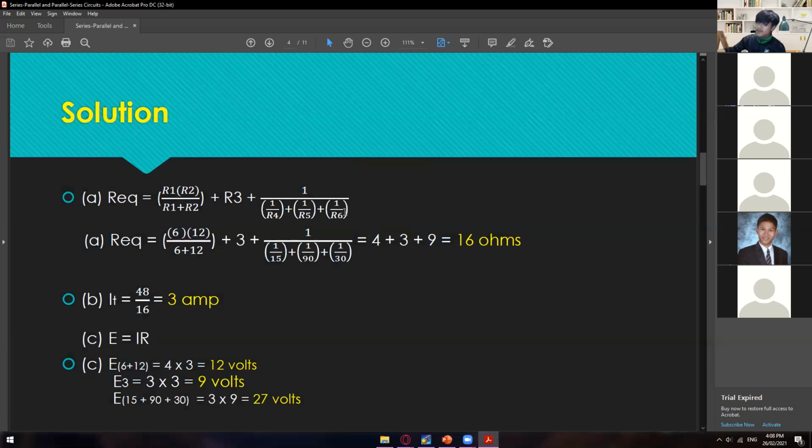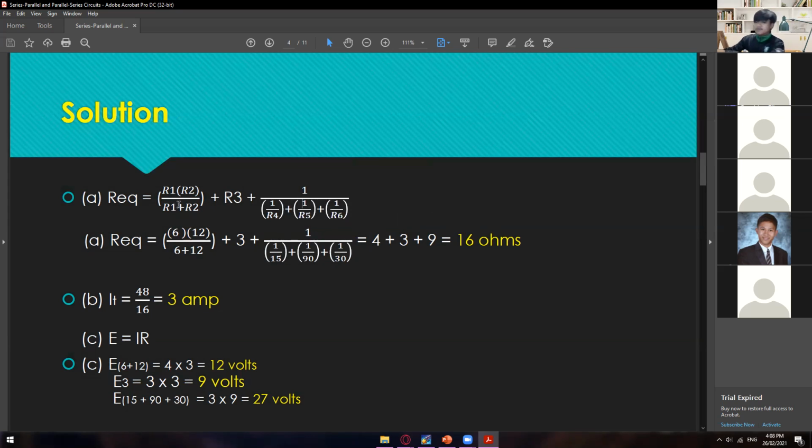This is not limited to 3, so it can have as many parallel connections as you can have, up to R7, R8, R9, R10, and so on. But if you only have 2, the first one is a lot easier to use.